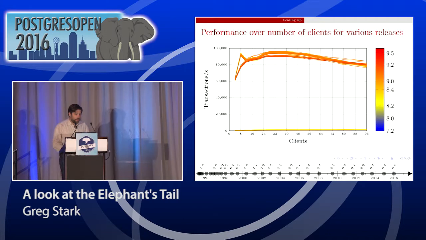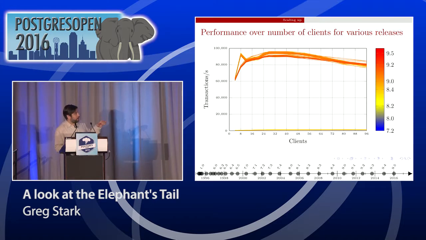And then the newer releases that have the virtual transactions, you can see the typical curve that you get with parallel operation, where there's a peak when you're running the optimal number of clients. And then above that, you have enough clients to keep all the CPUs busy and you get contention.